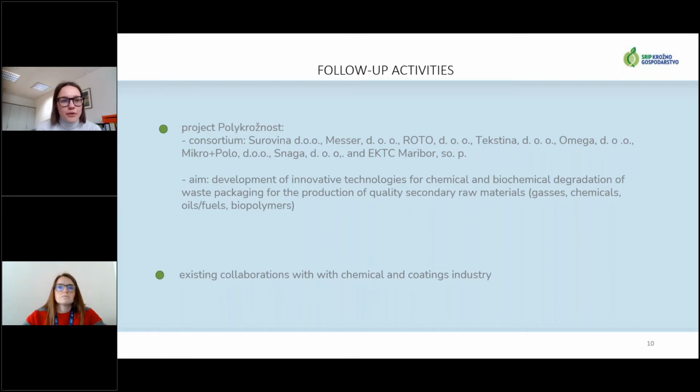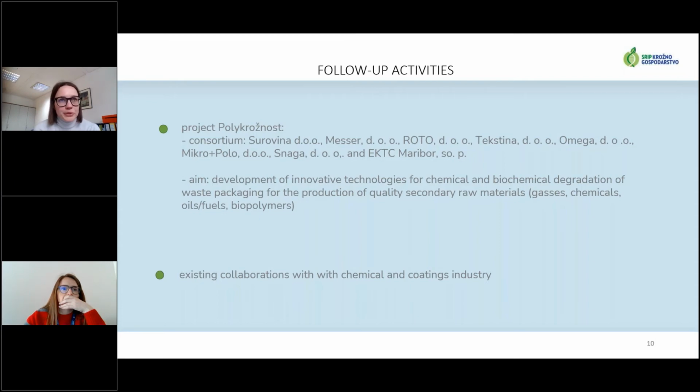So the aim of the project Polykoroznost is the development of innovative technologies for chemical and biochemical degradation of waste packaging for the production of secondary raw materials.